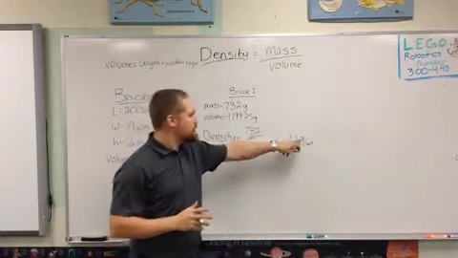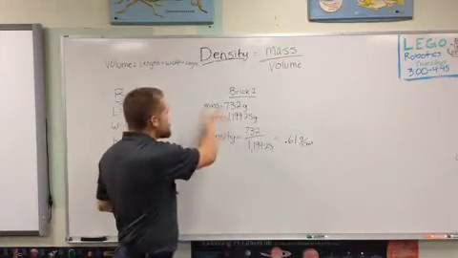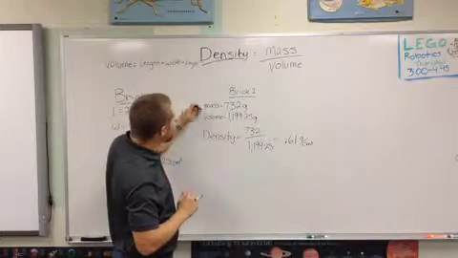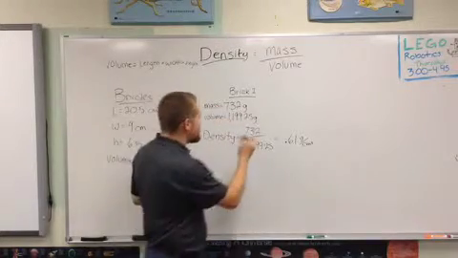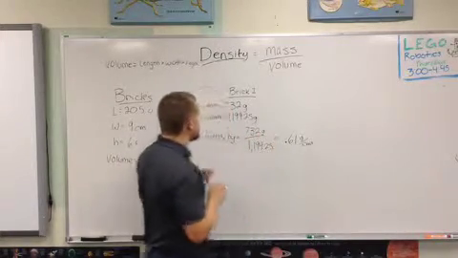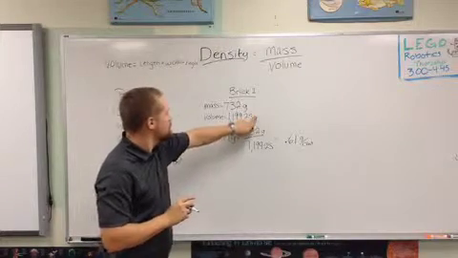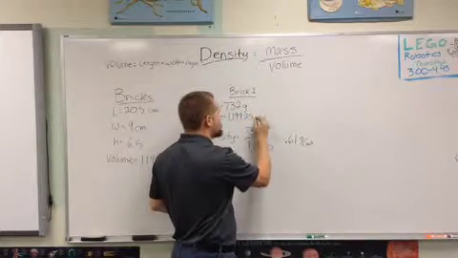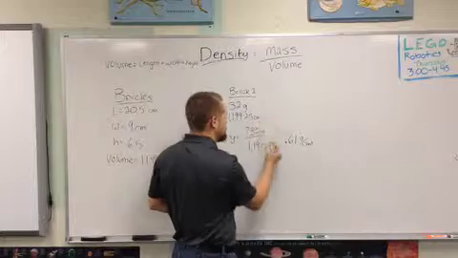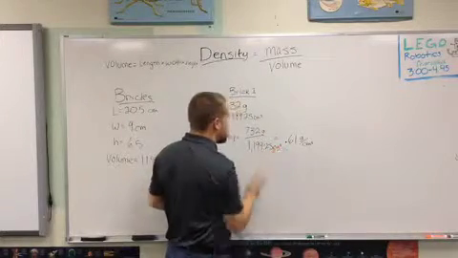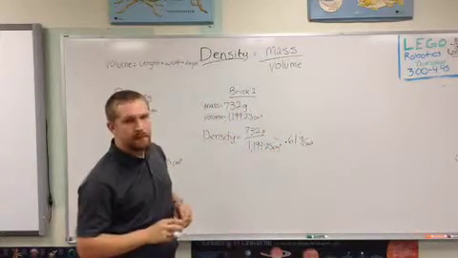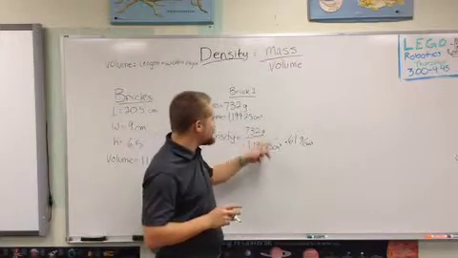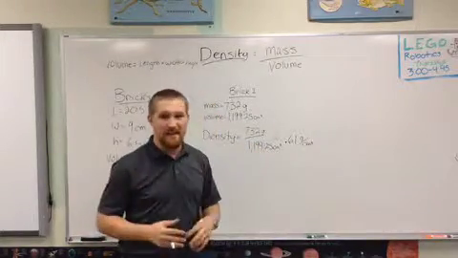The reason I put this and this is because my density is my mass divided by my volume. My mass is measured in grams. My volume is measured in cubic centimeters. So I divide this and this, but I can't divide these units because they're not like terms, right? They're not the same type of measurement.